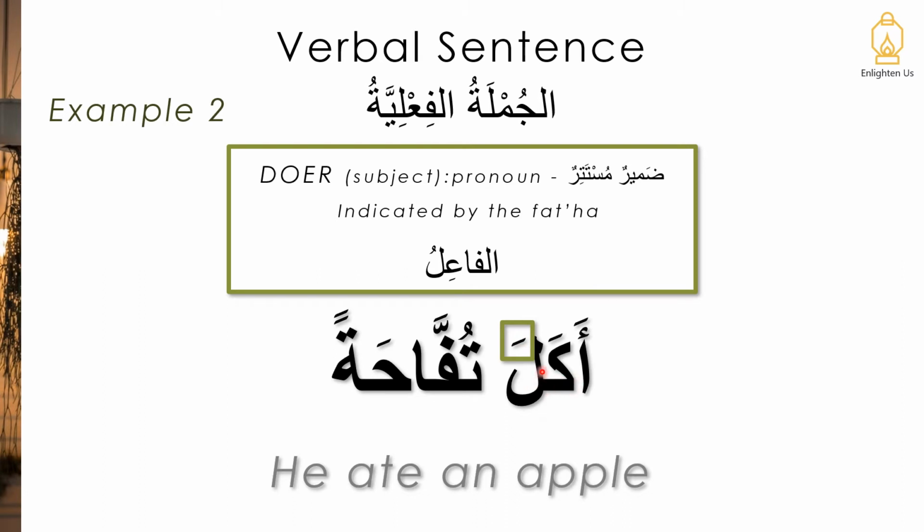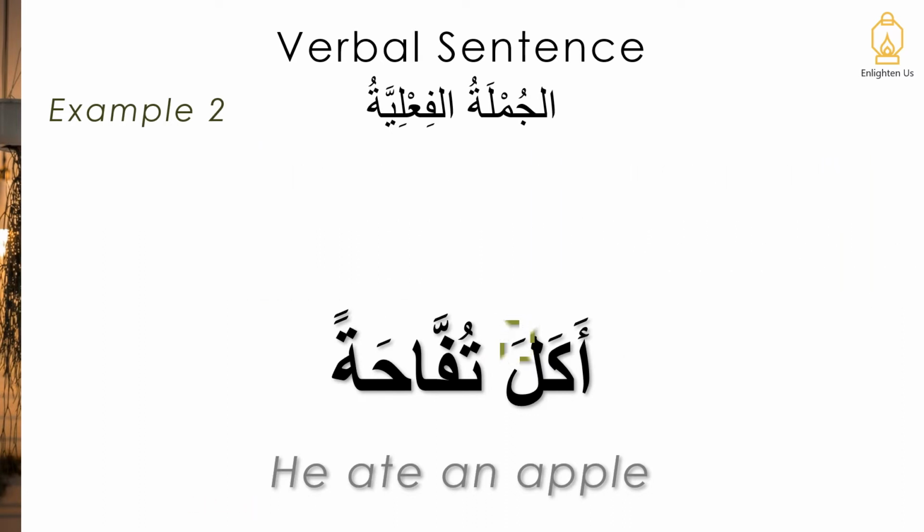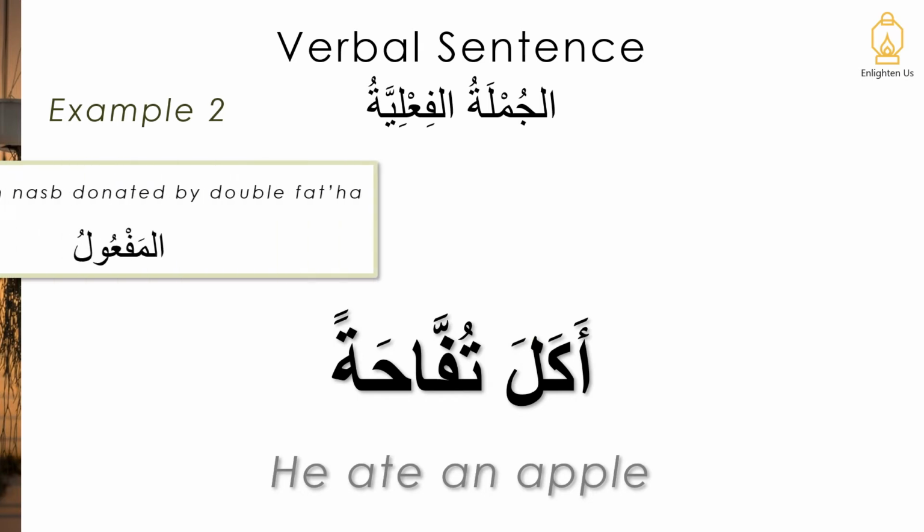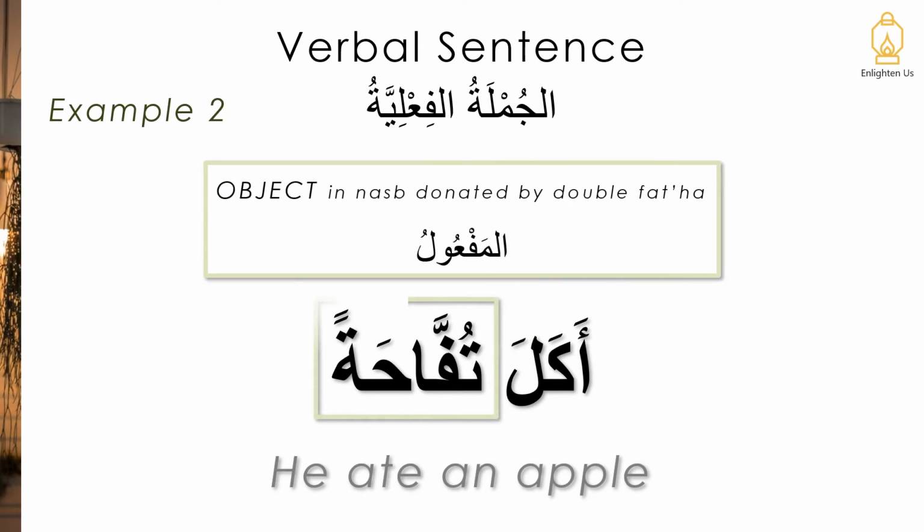So it gives us the pronoun, it gives us the damir, and we call it damir mustatir because we can't actually see it. There's nothing attached. So that's our doer there. That's how we derive he. And again, tufahatan is our maf'ul.